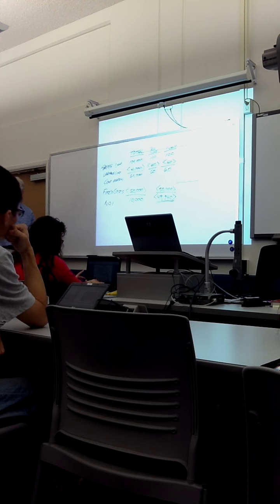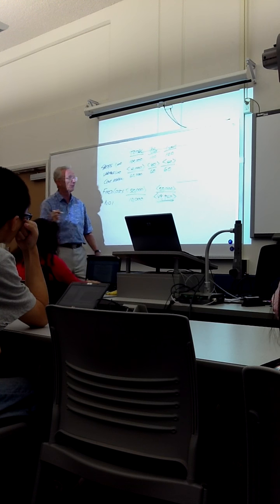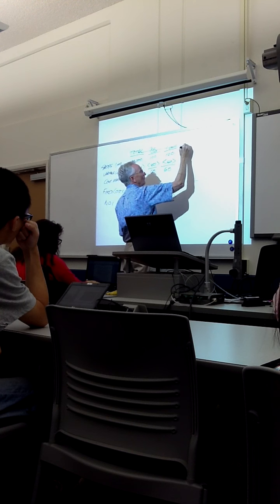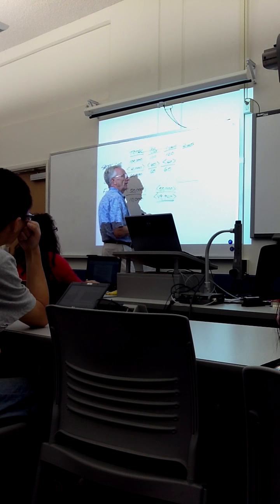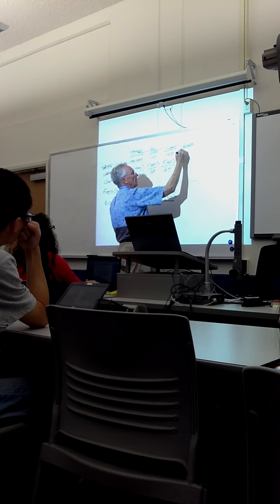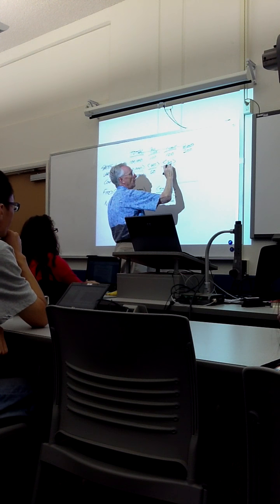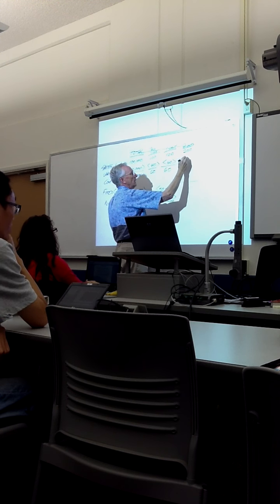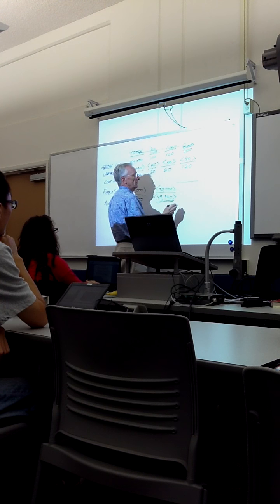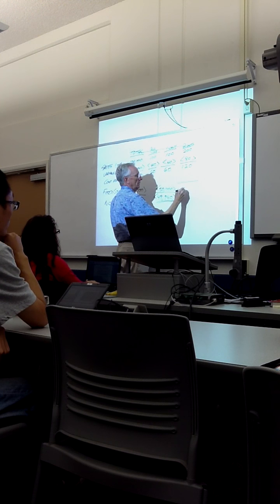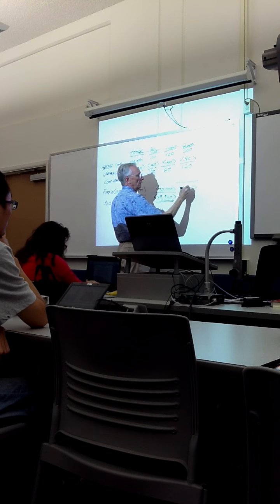What if we sell 2 units? Now we're going to get really healthy. How much is sales? 200. Variable cost. Contribution margin. Fixed cost. Same number.